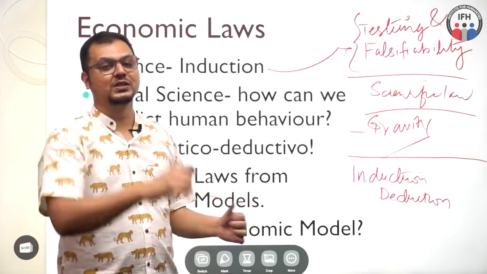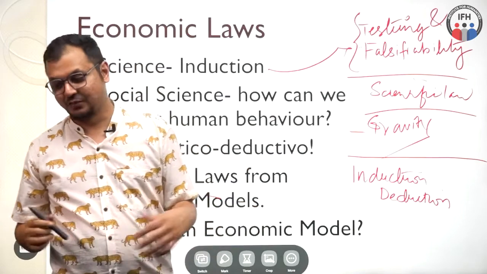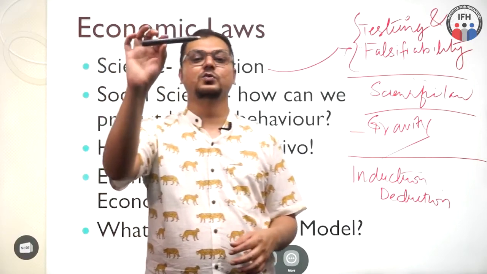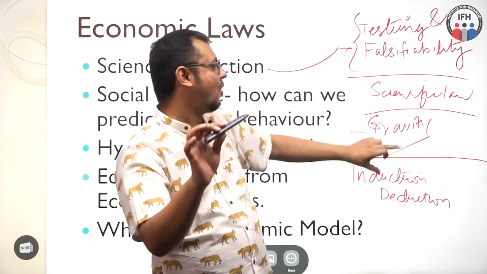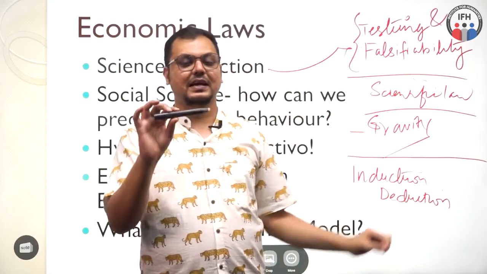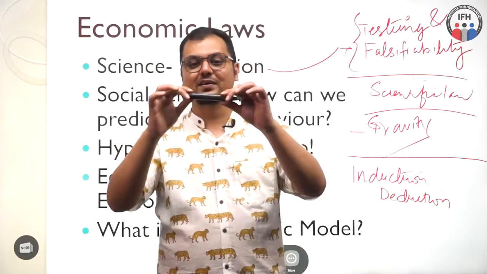Whether you do this at home, from a balcony, or from a mountain, if you drop an object it will fall to the ground because of gravity. You can test this law anywhere else and it will produce the same results. And that is a scientific law to do with this physical body.